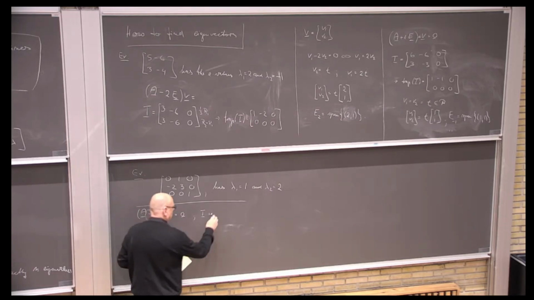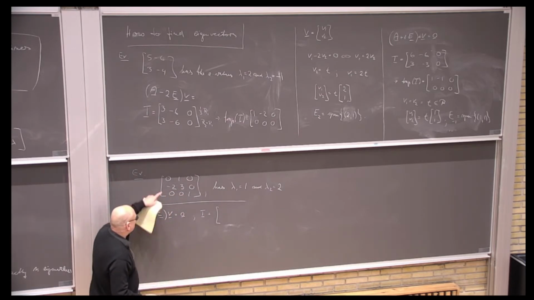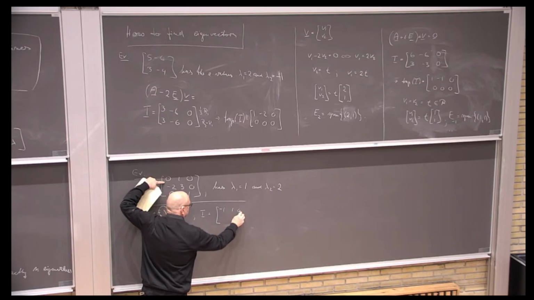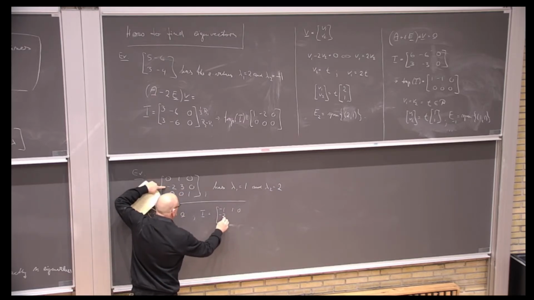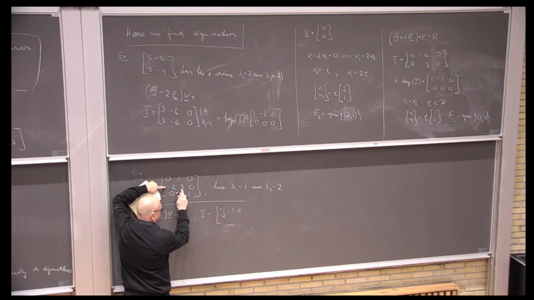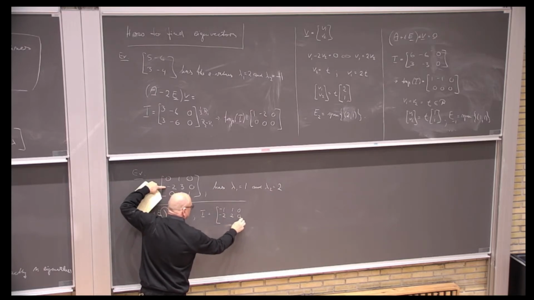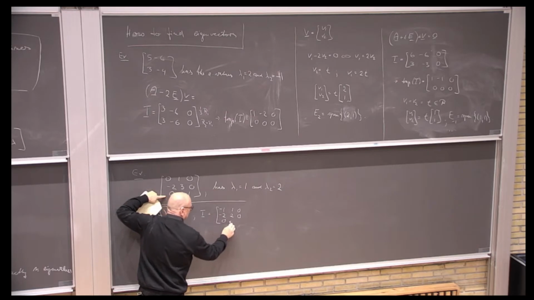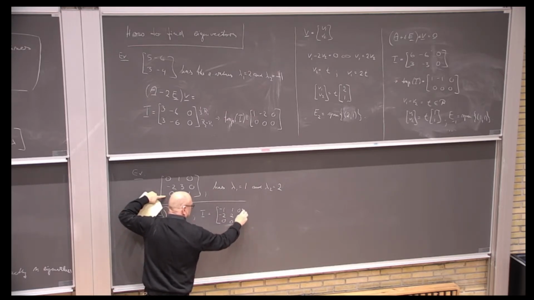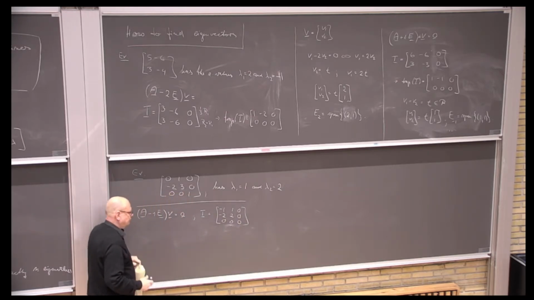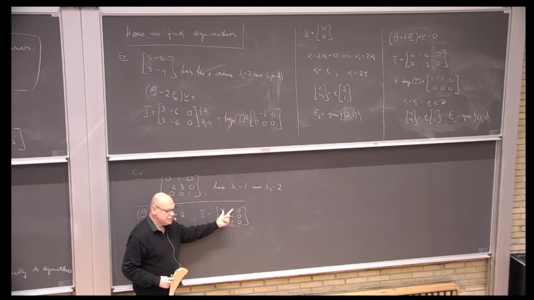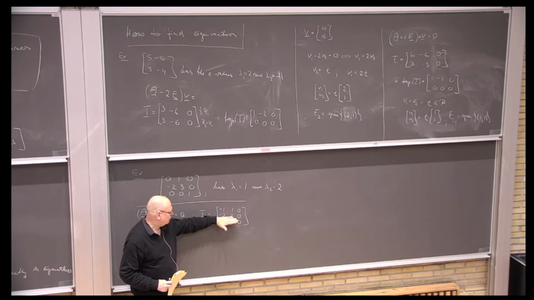I get a -1 here, 1, 0. Here I get -2, and I subtract 1 from here, I get 2. And here I subtract 1, I get 0. You see, these two are proportional, so I can replace this by only zeros.